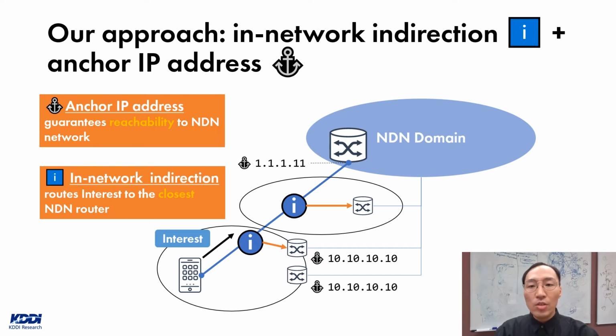First, we do not assume a destination IP address of interest as a locator of the closest end-to-end router, but we use the IP address as a locator of the anchor point, which only guarantees the reachability to the end-to-end network. Next, we introduce the in-network interaction function, which routes the incoming interest to the closest end-to-end router.